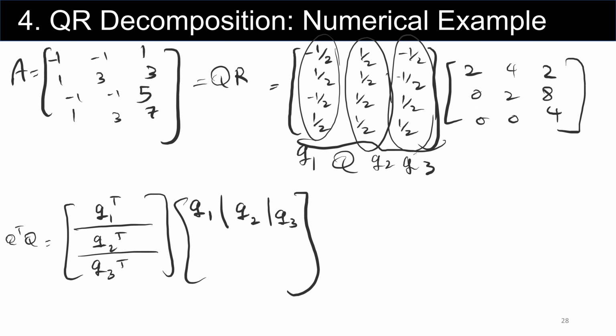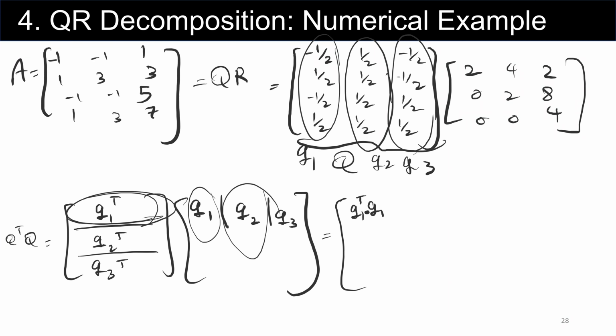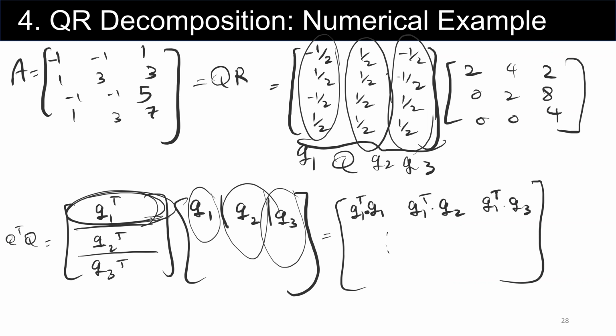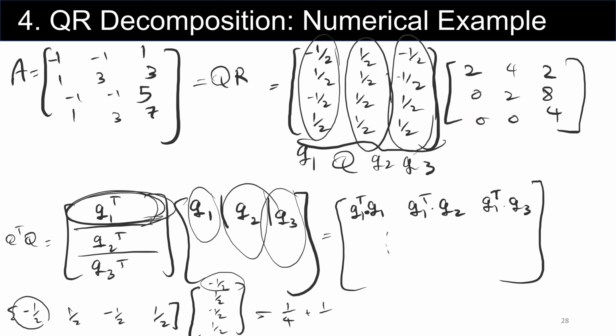When we multiply these two matrices, the first row, first column is q1 transpose q1, the inner product; first row, second column is q1 transpose q2; first row, third column is q1 transpose q3, and so on. I just do it for the first row so you can have an idea. q1 transpose is [-1/2, 1/2, -1/2, 1/2], times q1. These elements multiply to 1/4 plus 1/4 plus 1/4 plus 1/4, which is 1. So this one turns out to be 1.